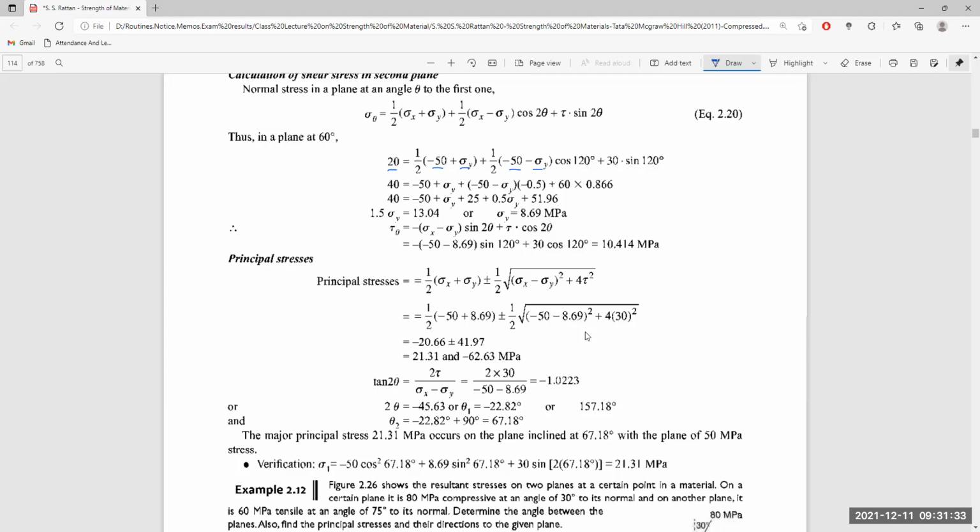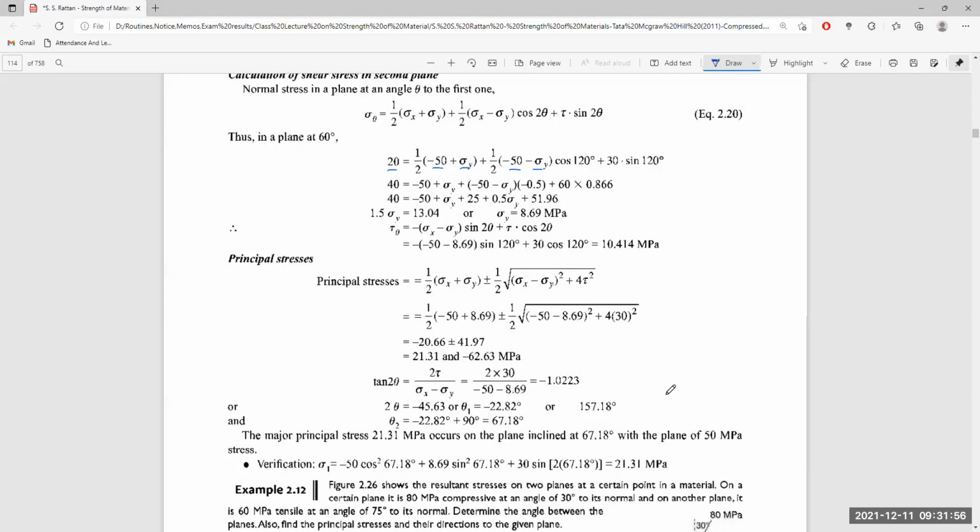To get the plane of action of the minor stress, we have to add 90 degrees to this angle, which gives plus 67.18 degrees. So the major principal stress of 21.31 MPa occurs on the plane inclined at 67.18 degrees with the plane of the 50 MPa stress.